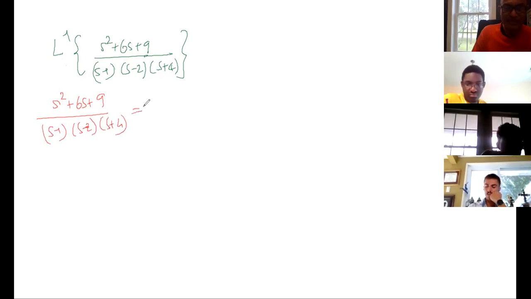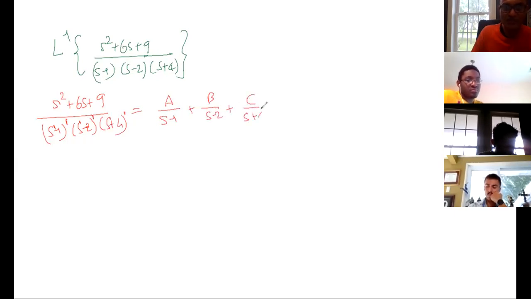Because it is a linear factor and the power is 1 for each, and all are different, the method of partial fraction says that I can write A over s minus 1, B over s minus 2, and C over s plus 4. That is called method of partial fraction.